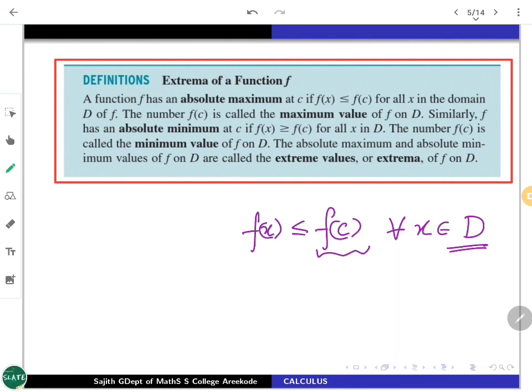In a very similar way you can define the absolute minimum too. In that case, f of x should be greater than or equal to f of c for every x in the domain. The corresponding value is the minimum value of f on d. This is how one can formally define extrema of a function. That's the global thing: throughout the domain, it says minimum as well as maximum.